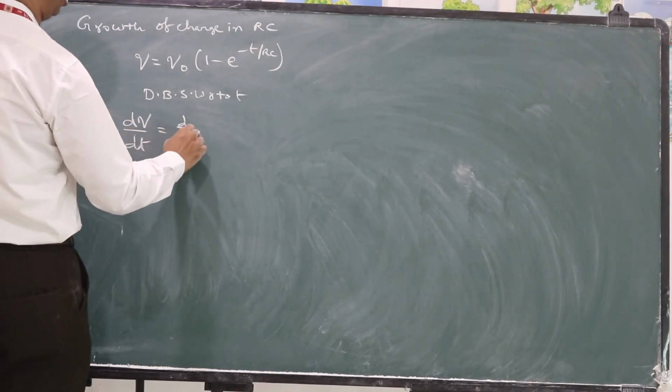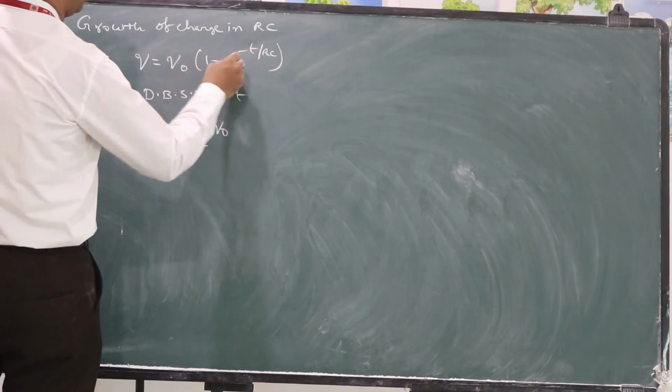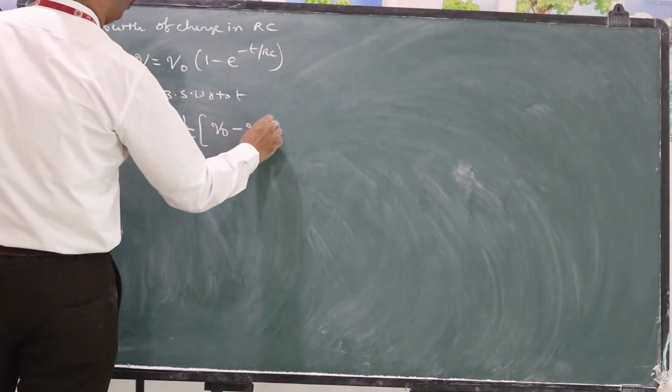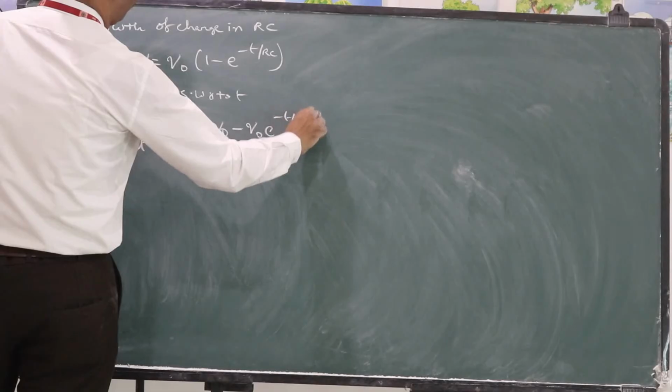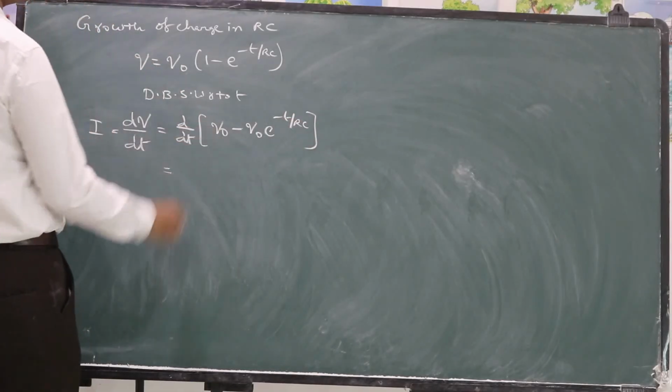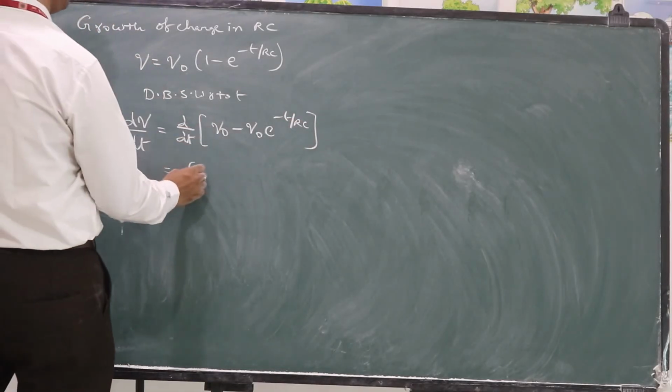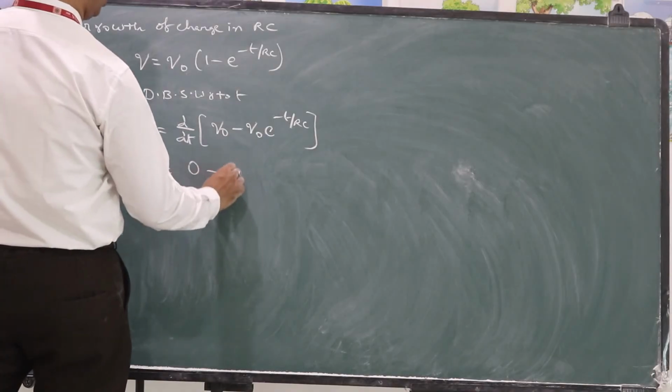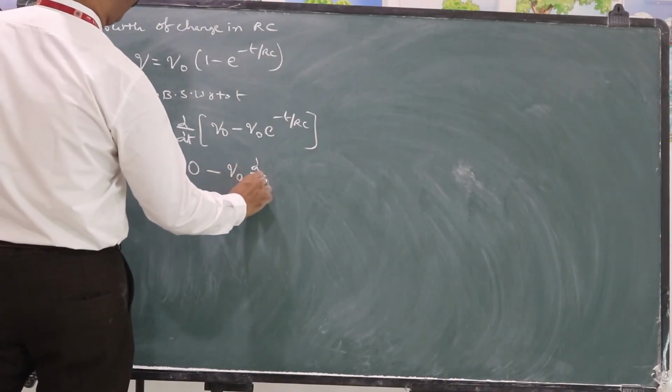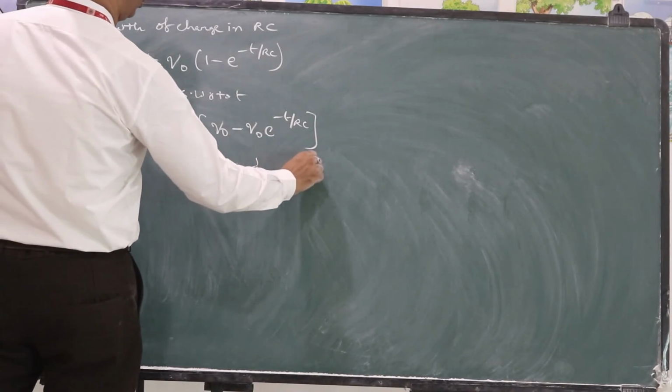So d by dt of Q0 into 1 minus e power minus t by RC: Q0 is the maximum charge stored in the capacitor and is a constant, so its derivative becomes 0, and we get minus Q0 times d by dt of e power minus t by RC.